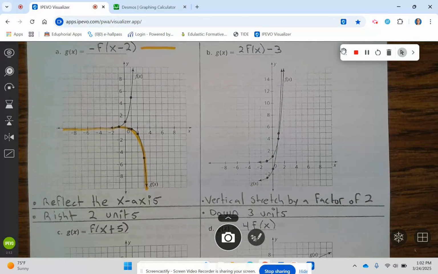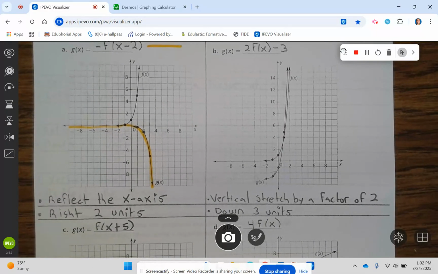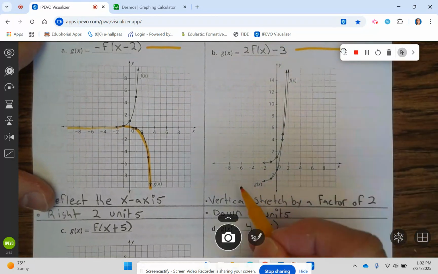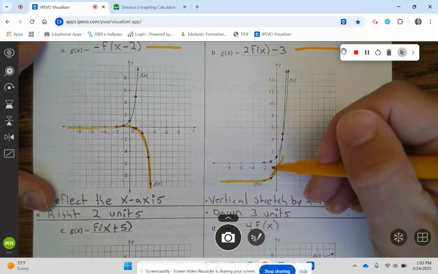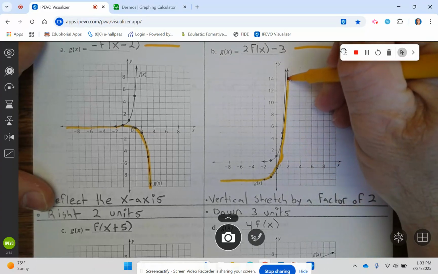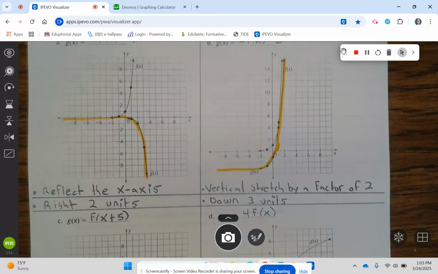B. G of x equals 2 times f of x minus 3. That's a vertical stretch by a factor of 2 and down 3 units. Okay.